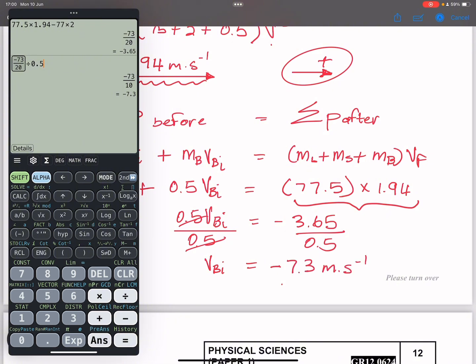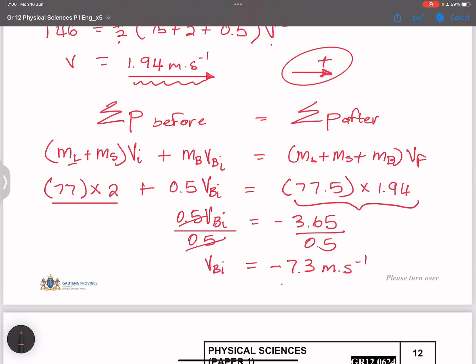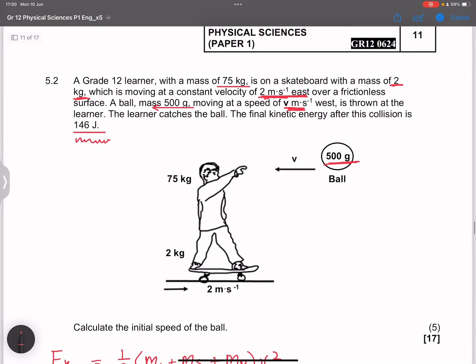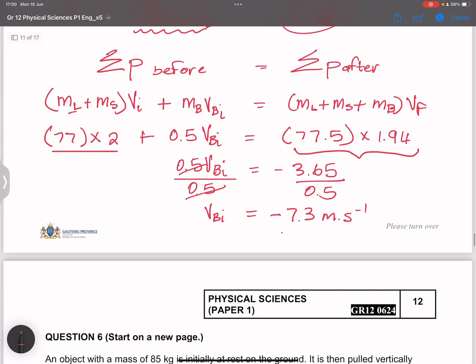Now we get a velocity that is negative, and we actually expected that because the ball was moving in the opposite direction. So which means that the velocity of the ball initially was 7.3 meters per second, right? In which direction? To the west.